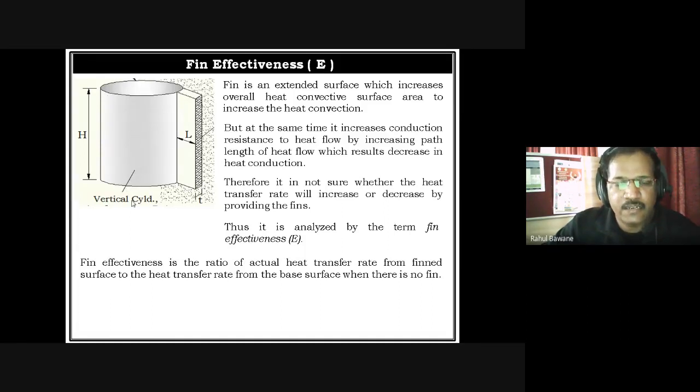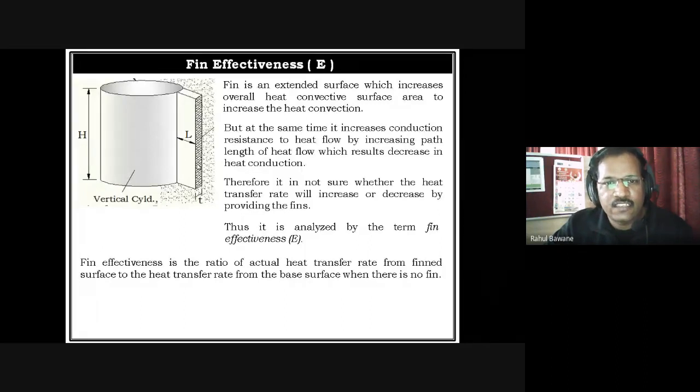After applying fins, if we measure the heat transfer rate, and with fins the heat transfer rate is more as compared to without fins, then we can say attaching a fin is really worthwhile and it is going to increase the rate of heat transfer. That means it has some effect.